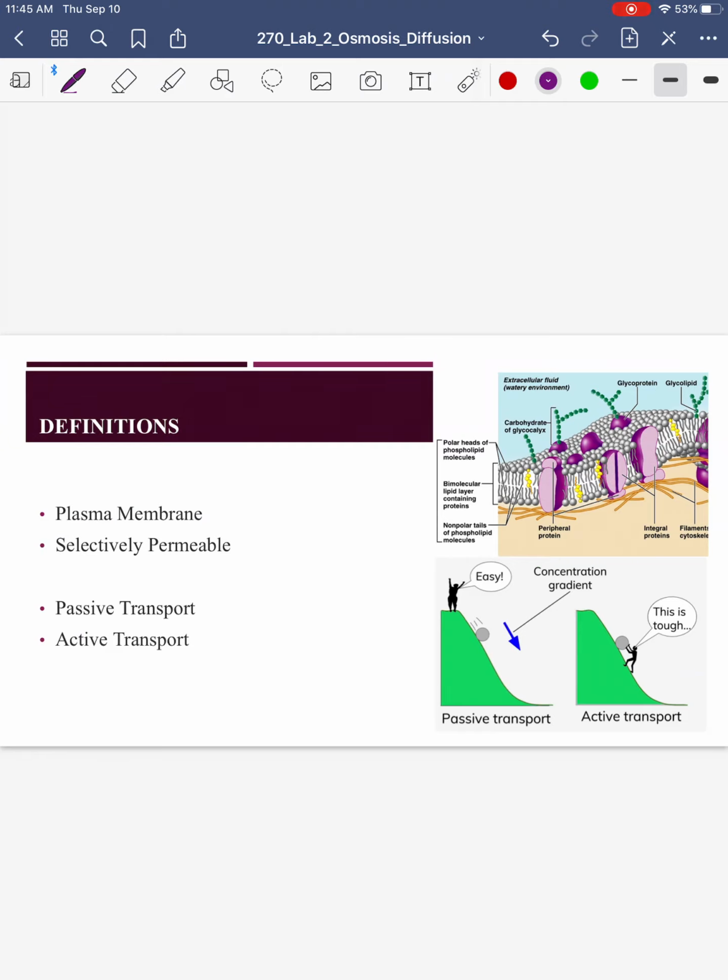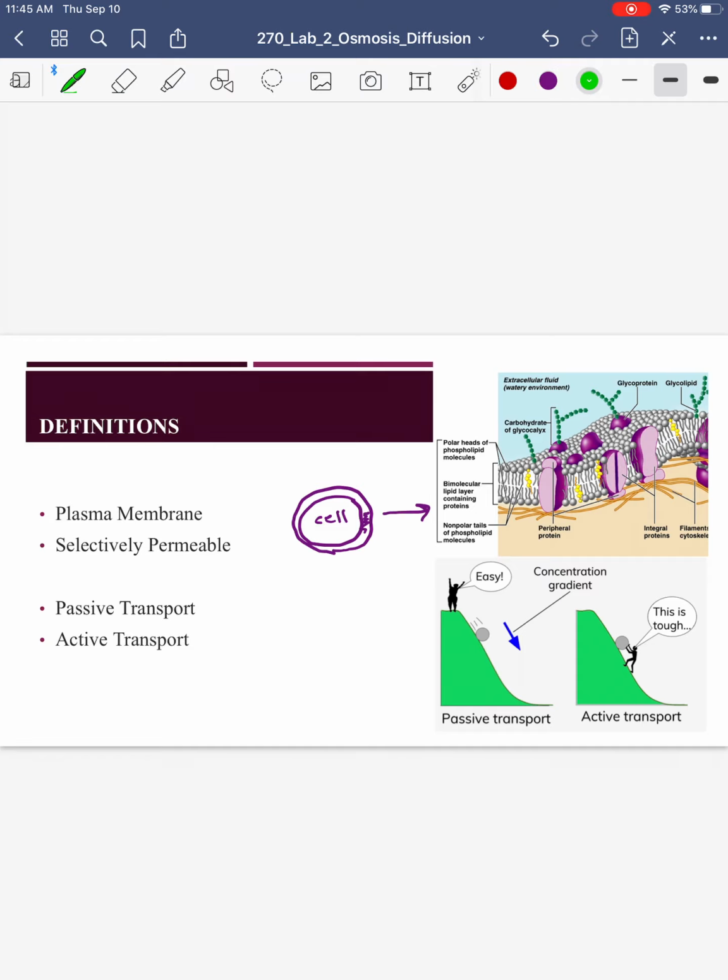All right, so make sure that we understand some basic definitions. Every cell, whether a nerve cell, a muscle cell, or any old cell, has a specialized outer membrane called the plasma membrane. If we magnify that plasma membrane, as you've seen in lecture, it is a phospholipid bilayer.